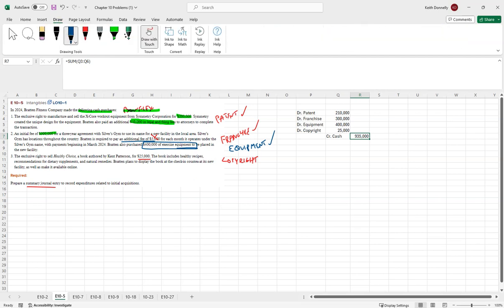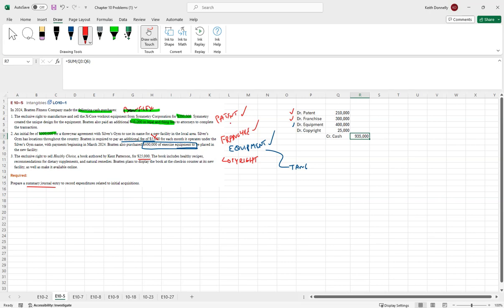So what's going on here, right? What's kind of the lesson of this? We bought a tangible asset. We got 3 intangible assets. A patent: all of the costs up until we flip the on switch on it, we start using it. That's going to be what we paid, plus the attorney fees. The franchise, what we paid for it.